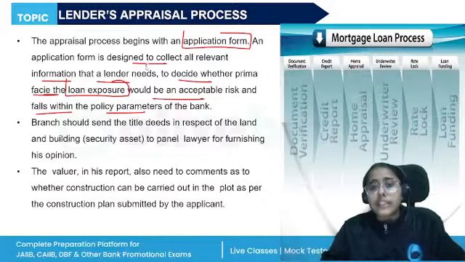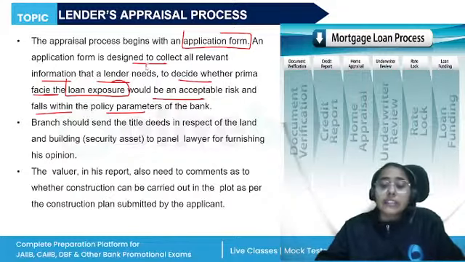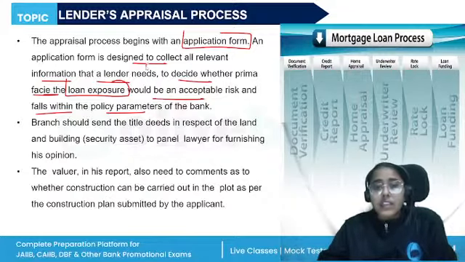In the application form, the particulars that banks need to gather are the land and the building, the existing income and the source of it, how long this income is expected to continue in case of the applicant or, let's say, the co-applicant, and the existing liability, any monthly financial repayment obligation on the proposed loans, among other things. This is what the banks will check in the application form.